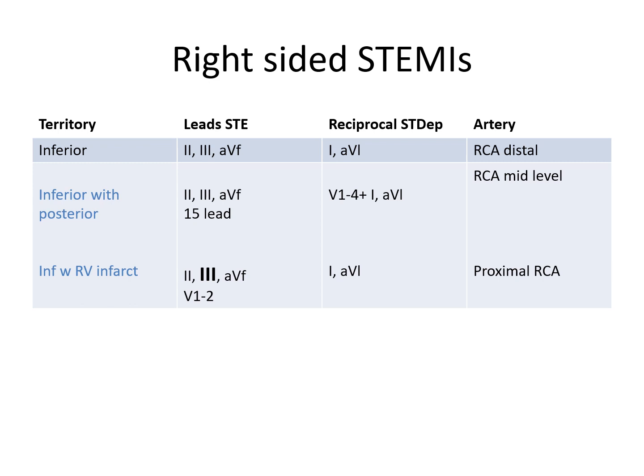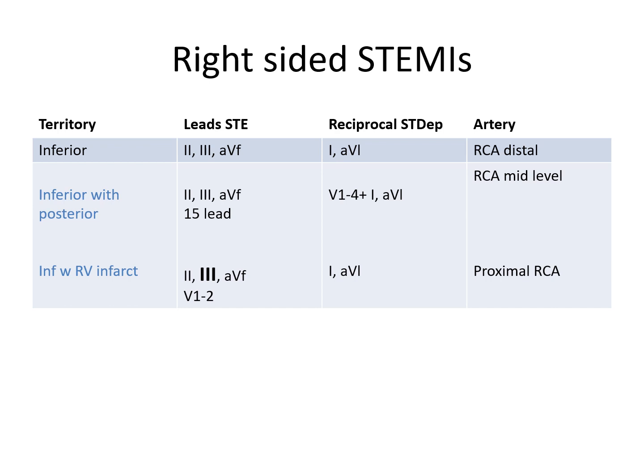So an inferior with a posterior, which again is a mid-level RCA infarct, will look like an inferior MI with anterior ST depressions. Finally, if you have a very proximal RCA infarct, remember again that a very proximal part of the RCA supplies the right ventricle first and then everything distal to it. So again, you should see inferior changes, 2, 3, and AVF elevated, 1 and AVL depressed, but then you should also see signs of RV infarct.